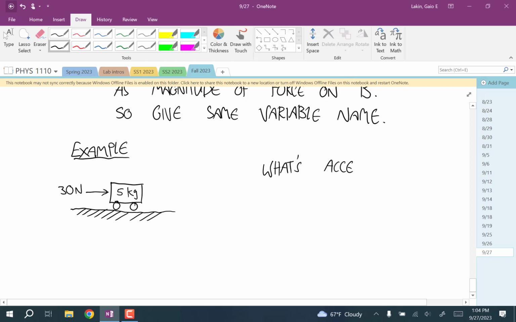What's the acceleration vector of the cart?